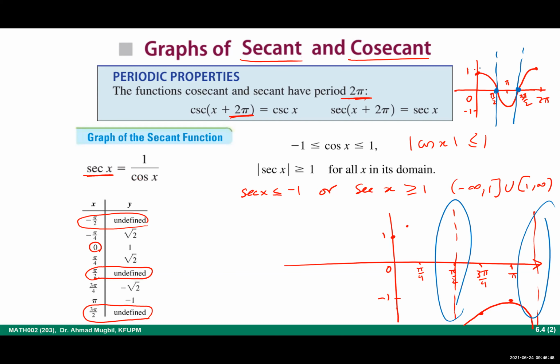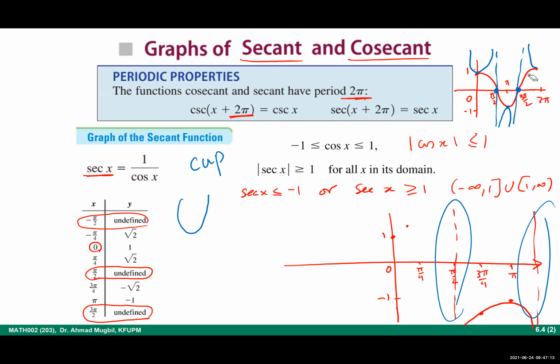Now, at each top, this is a maximum. At each maximum, draw a cup, a U that opens up. At each minimum, at each bottom here, draw a cap, a U that opens down, and so on.